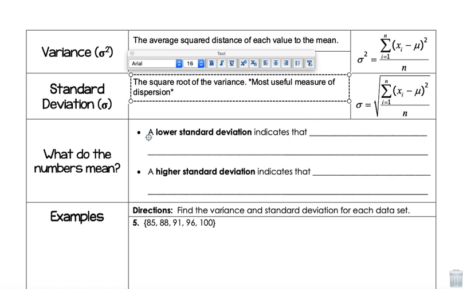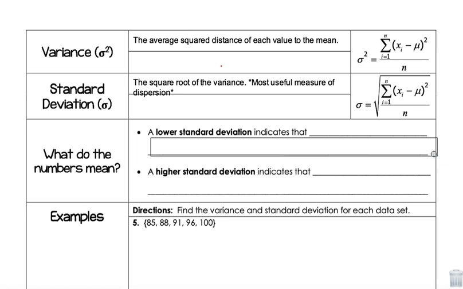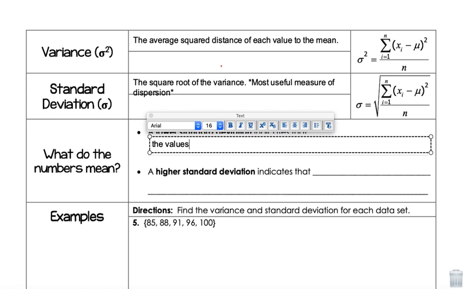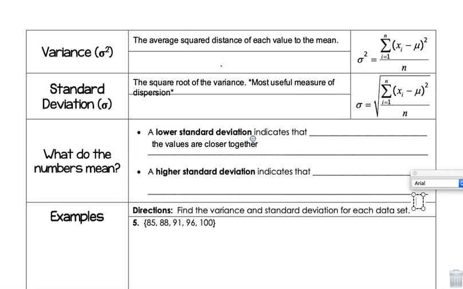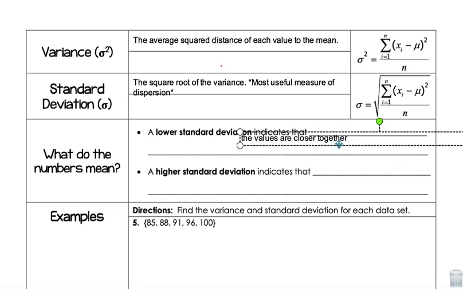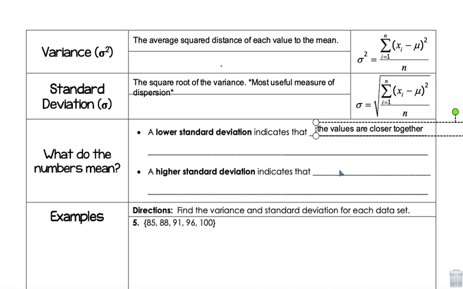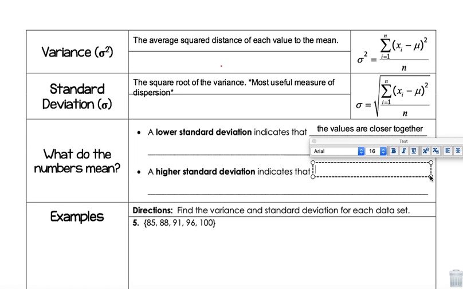A low standard deviation indicates that the values are closer together. And a higher standard deviation value indicates that the values are more spread apart or spread out.